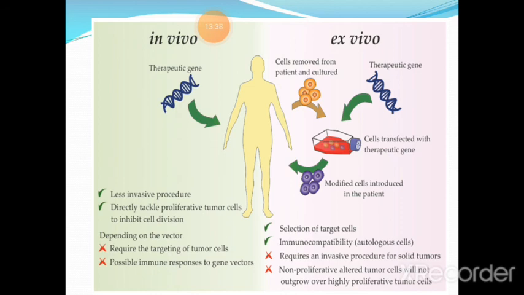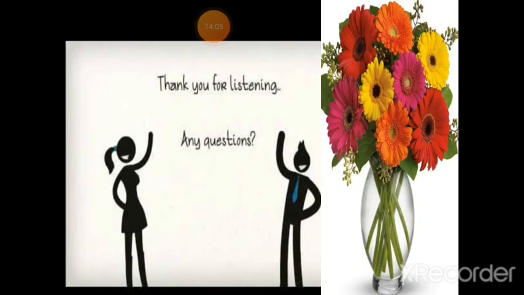Plus points are selection of target cells and immunocompatibility. But the negative points are that it requires an invasive procedure for solid tumors, and non-proliferative altered tumor cells will not outgrow highly proliferative tumor cells. So this is the difference between in vivo and ex vivo. It just briefs you the comparative account.